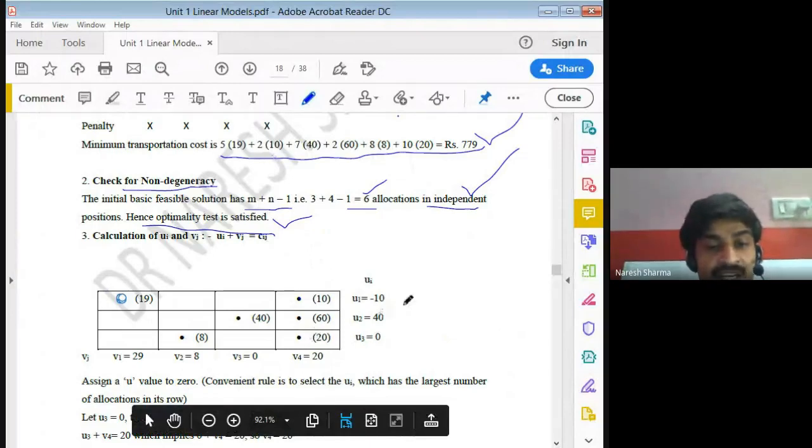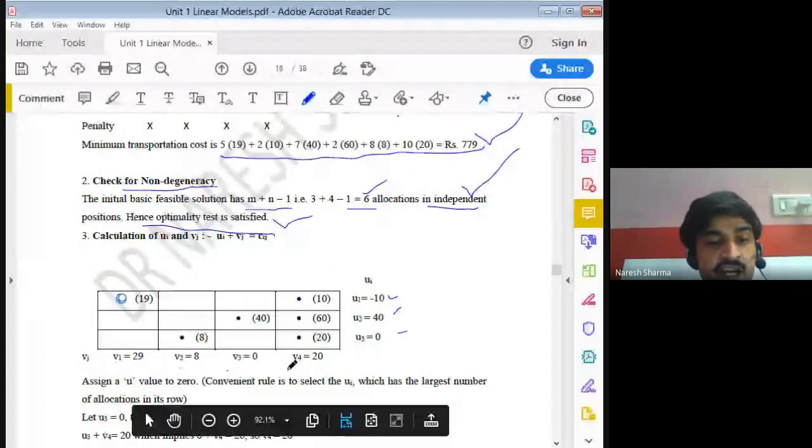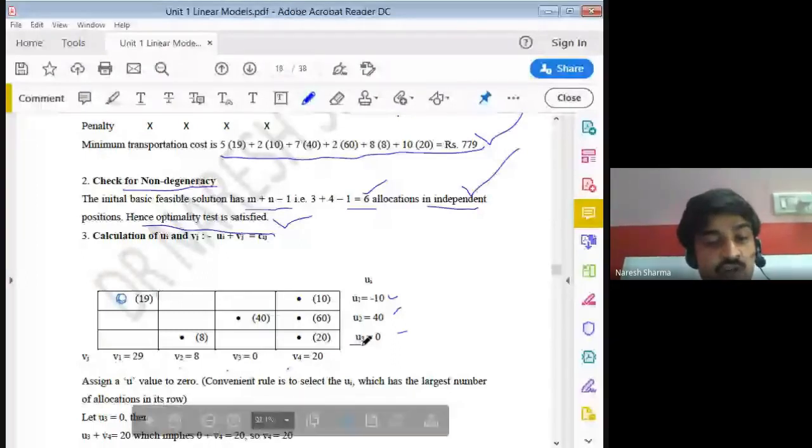Now I am writing here u1, u2, u3, v1, v2, v3, v4. Now you need to calculate your ui and vj. How can you start? You just choose any of these values as 0. So in this particular example, we assume u3 is 0. It is not necessary; you may choose u1 equal to 0, it is your choice.